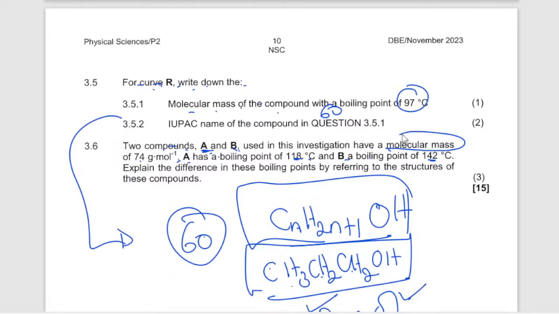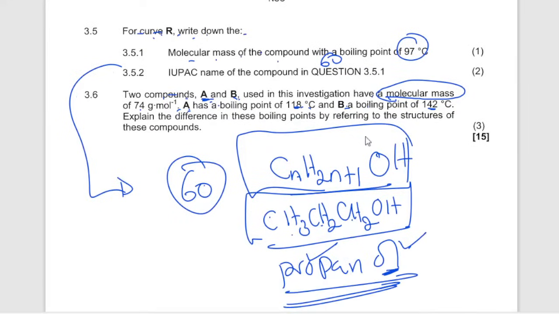The moment they have the same molecular mass, what is going to make them different in terms of boiling point and melting point is whether it's a straight chain or a branched chain. The one which has the highest boiling point is going to be a straight chain, and the one with the lower boiling point is going to be a branched chain.